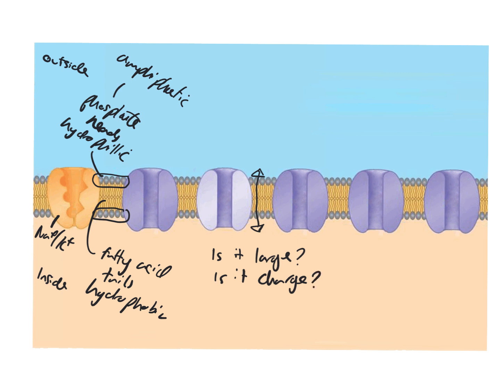Now, if your molecule is large or is charged, it will not be able to pass through. And that is why there needs to be a series of channel proteins embedded into the membrane so that the cell is able to selectively move these molecules that are either too big or hold a charge from one side of the membrane to the other.